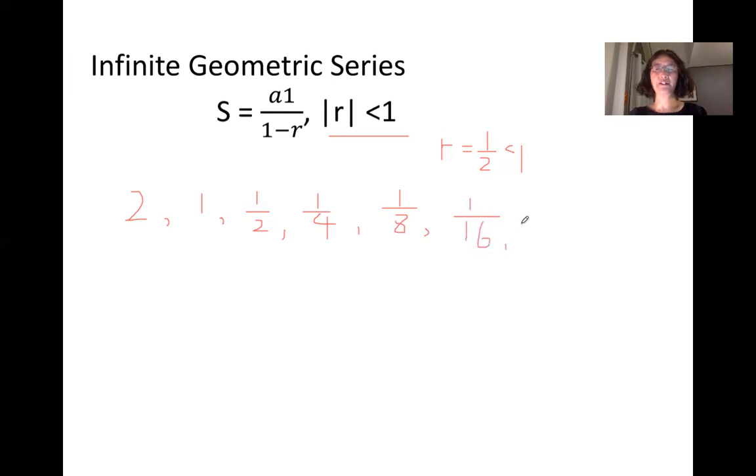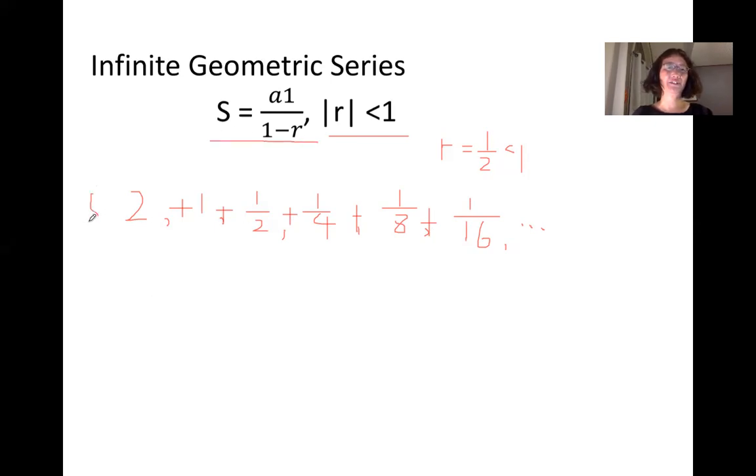Suppose this sequence goes forever, and now you want to add all these terms together. This is the infinite geometric series, and you use this formula.